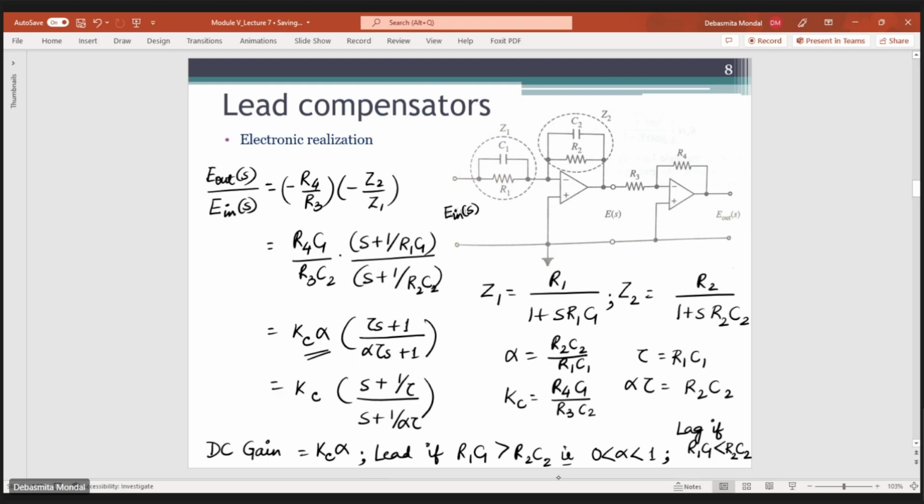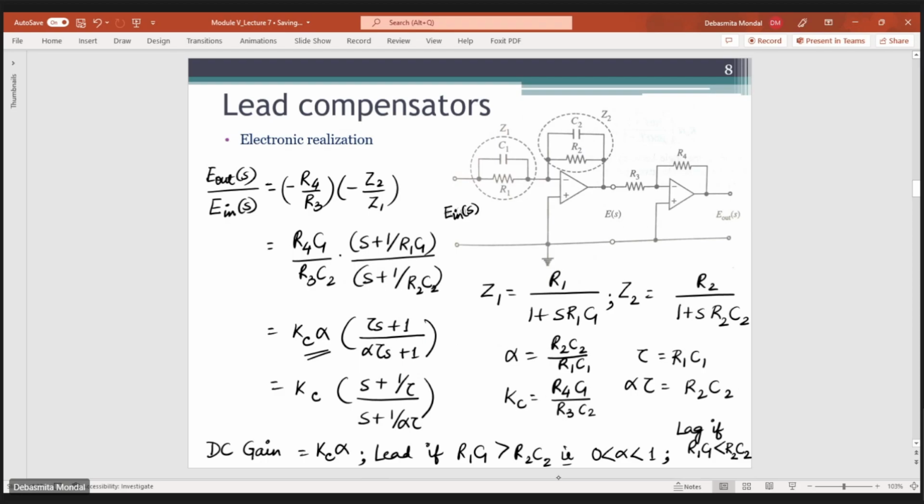If that condition is satisfied, this network will act as a lead network, and if R1C1 is less than R2C2, the value of alpha is greater than 1. In that case, the same network will act as a lag compensator. So using the same configuration, just by changing the values of R1, C1, R2 and C2, you can switch from a lead compensator to a lag compensator.